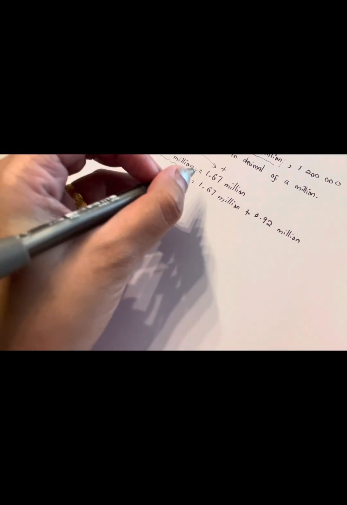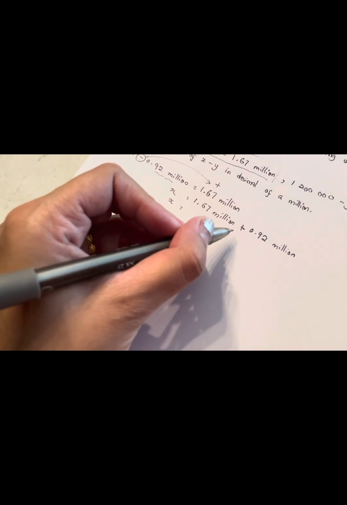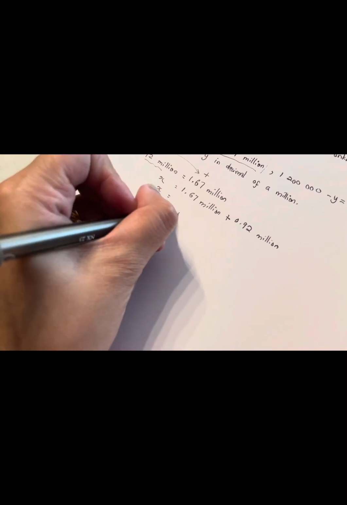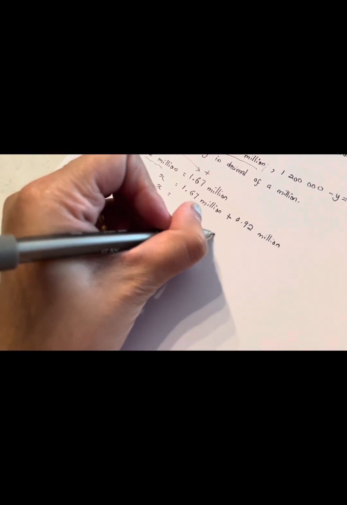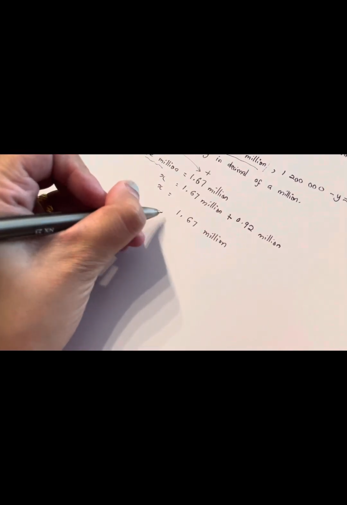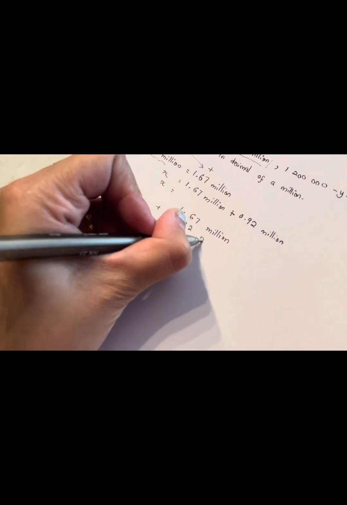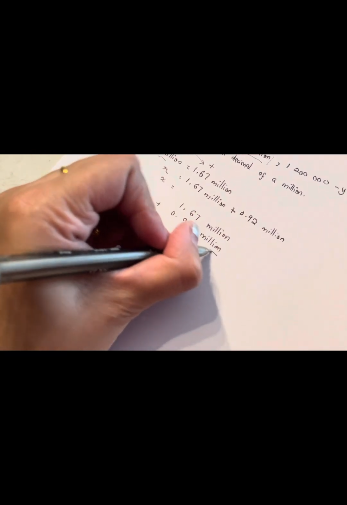So x is equal to 1.67 million, you add with 0.92 million. So you can do it in this way. Is it okay? Is it clear? Teacher gives you time to look at it first.